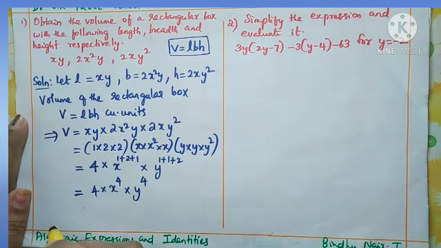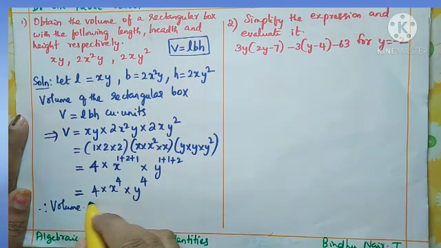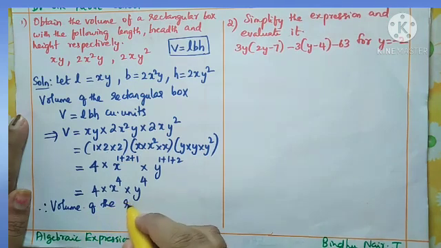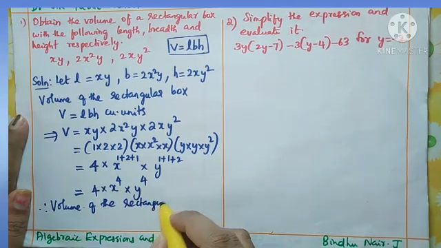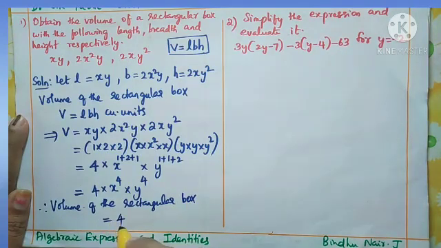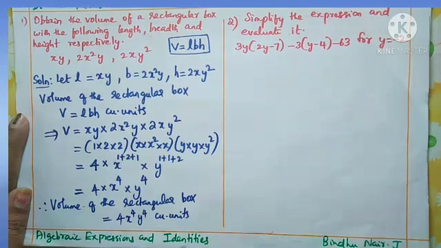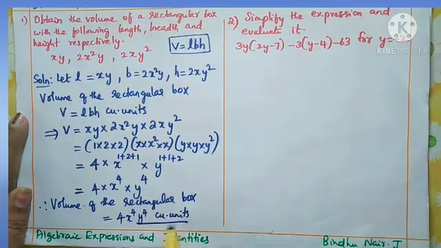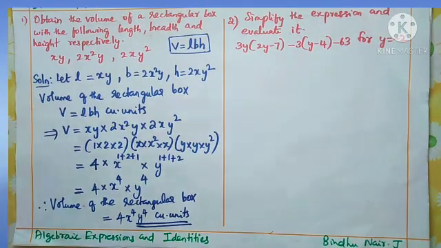Therefore, the volume of the rectangular box is equal to 4x raised to 4 y raised to 4 cubic units. Here the unit is not given, so in general we can write cubic units. So that is the answer of this problem.